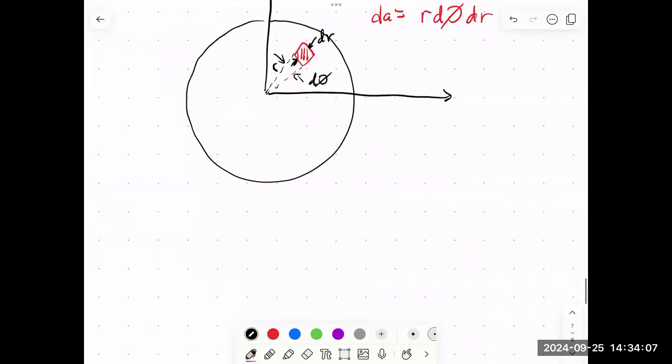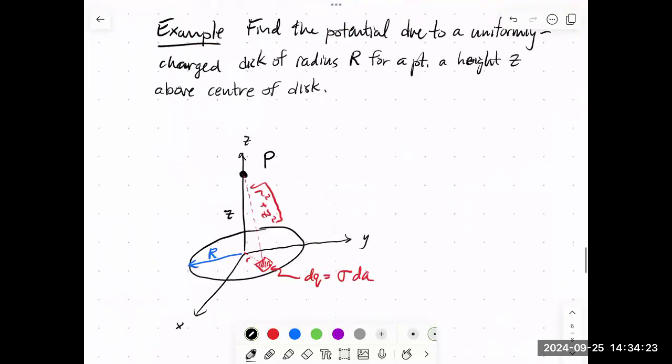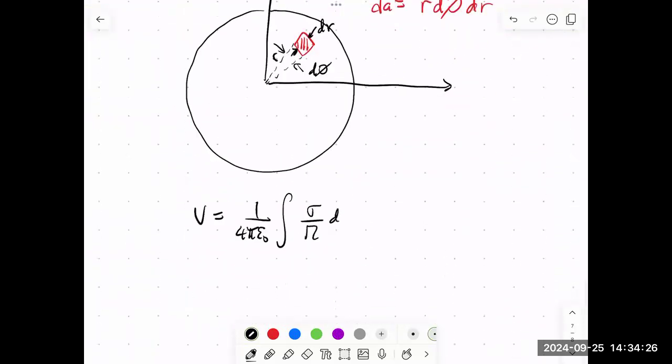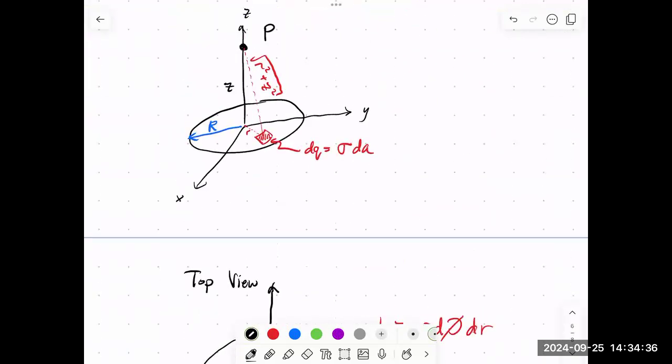So let's see. V is going to be 1 over 4 pi epsilon naught, the integral of sigma over script r, well, where was it? It was right here, just times dA, right? Okay. Now, this little script r is exactly this thing.